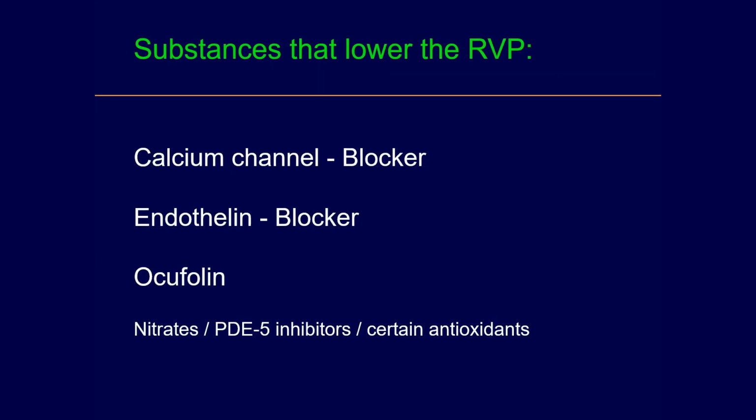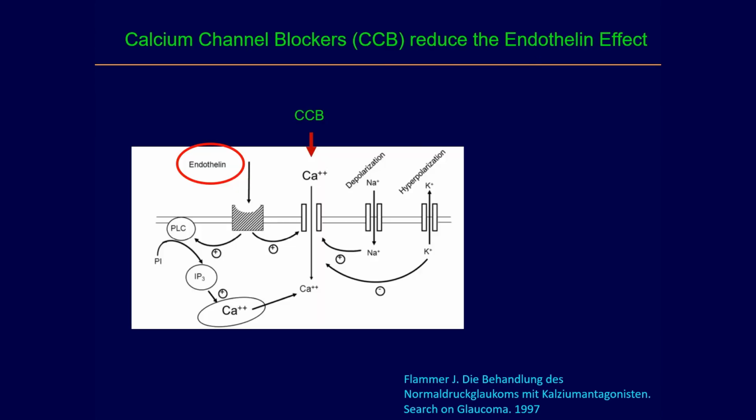This brings us to the treatment of an increased retinal venous pressure. As this is a young research area, the therapeutic choice is still limited. Nevertheless, we have some options that we will discuss now. We start with the calcium channel blockers.